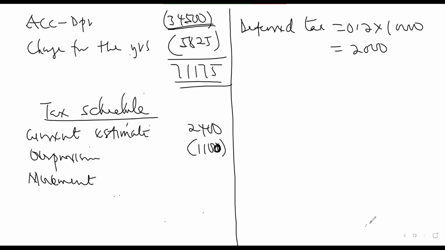Deferred tax movement in profit or loss item, like temporary difference arising from depreciation and capital allowance, is adjusted against the current year tax. So the 2,000 over here is relating to profit or loss. So the movement will be adjusted against the current year tax. So the movement will be 2,000 minus 2,500. That is a reduction, which is a gain.